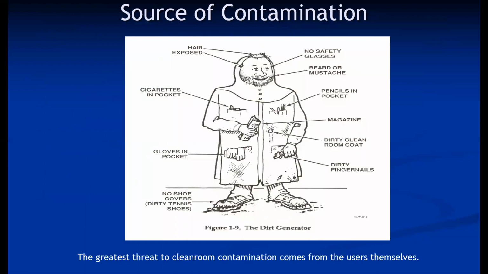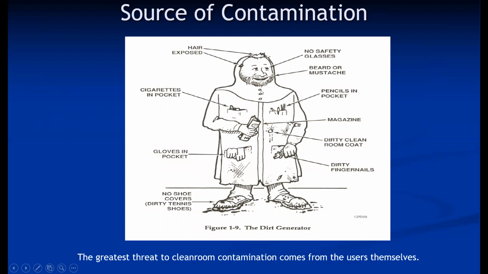As far as the source of contamination is concerned, the greatest threat to clean room contamination comes from the users themselves. The user is the dirtiest generator, as you can see here. There are various contamination sources for any user. The air can be contaminated through hair if it is exposed. If no glasses are worn, pollutants are also emitted from the eyes.